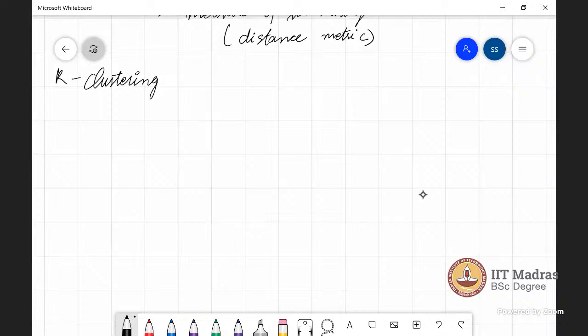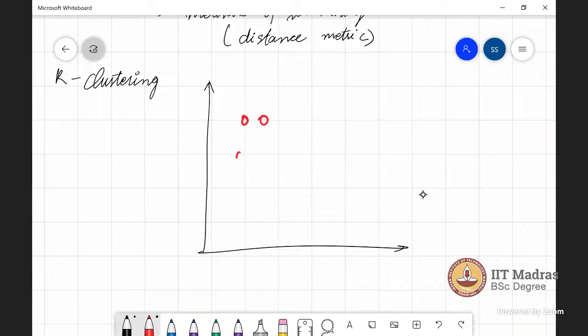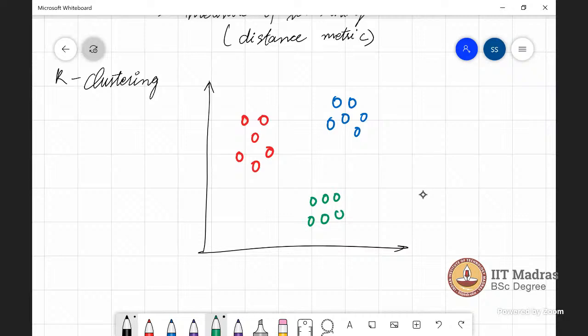So first let's take some toy data set. There are some data points. I'm deliberately making it so that they are not overlapping and simple. Okay, now this is a data set.